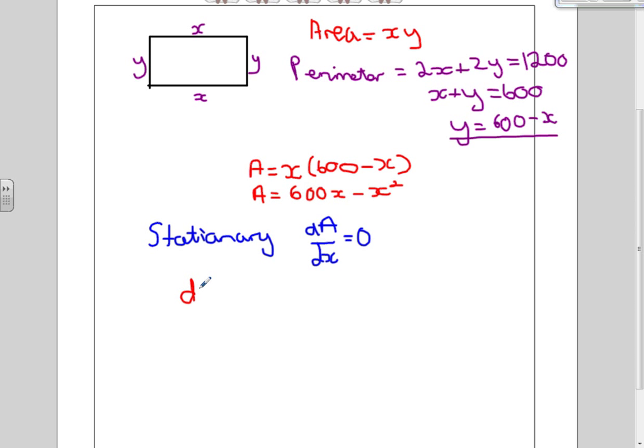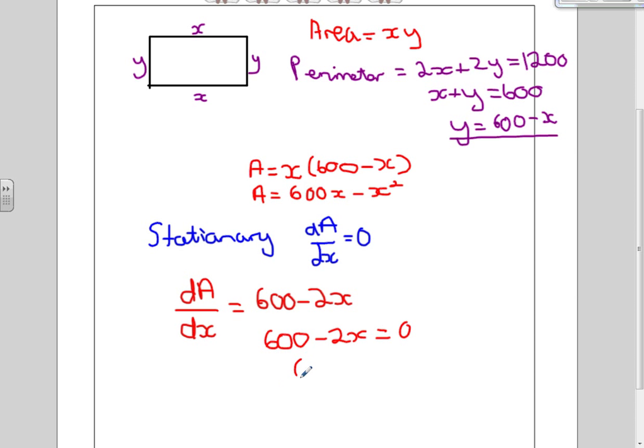So dA by dx, so multiply by the power and reduce the power by 1 would give us 600 minus 2x. And we need to find where this is equal to 0. So 600 minus 2x equals 0. I'm going to take the minus 2x over to the other side, which would give us 600 equals 2x. And then divide through by 2 would give me x equals 300.